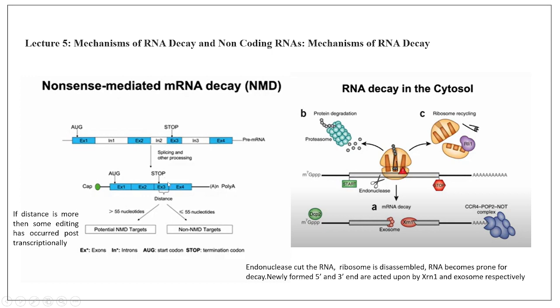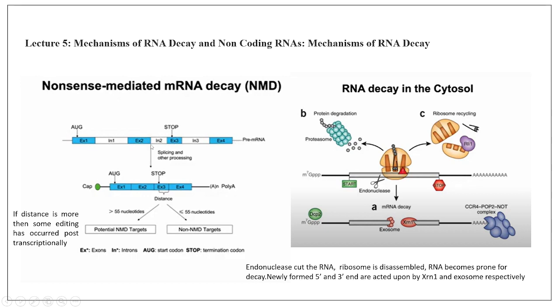If the distance of the stop codon from the exon junction is more, then that means that some editing has occurred post transcriptionally, and that is a potential nonsense mediated target. What does it mean? In an exon, the stop codon should be present at the end.